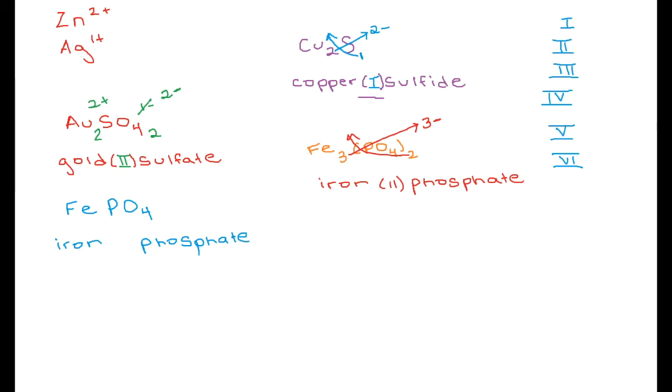Since I didn't write any subscripts, what I'm saying is that the charge of phosphate is 1. But the charge of phosphate isn't 1. It's actually 3-, which means this should have been a 3. So since this is a 1 and this is a 1, that means this should have been a 3 so that they could have reduced, which means the charge of iron is going to be 3+.